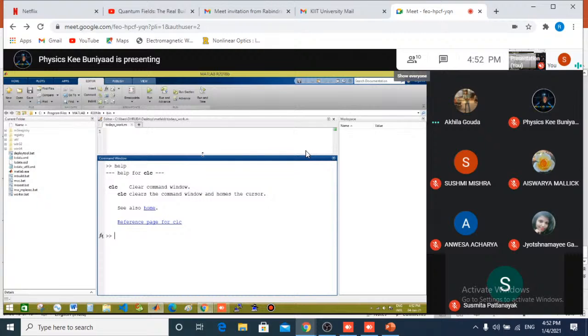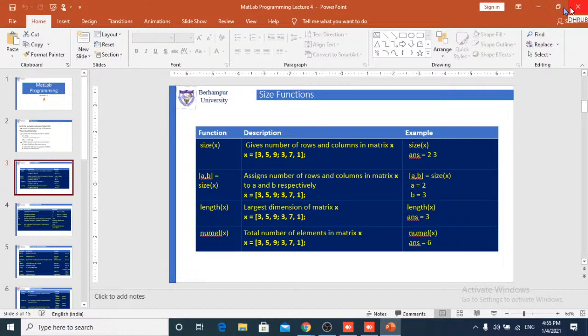Size. So first write x is equal to some vector. Then size.